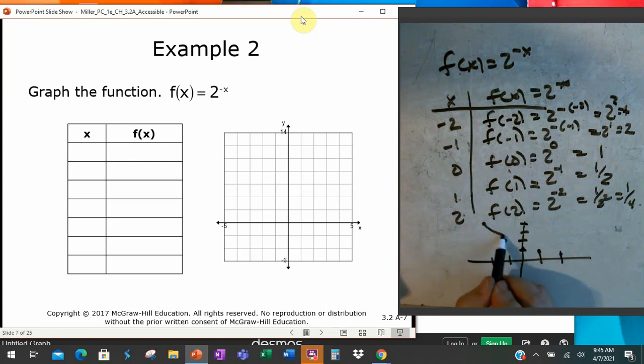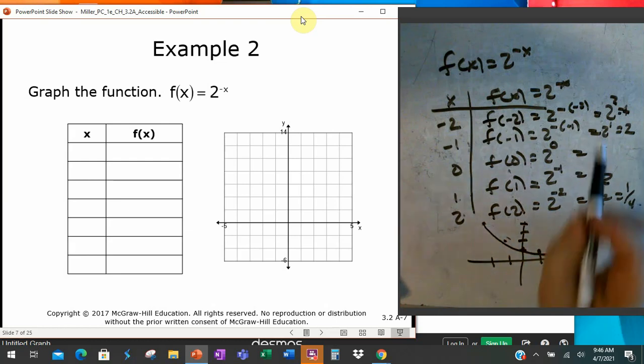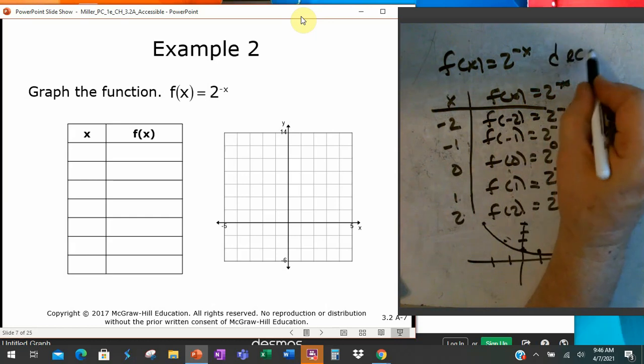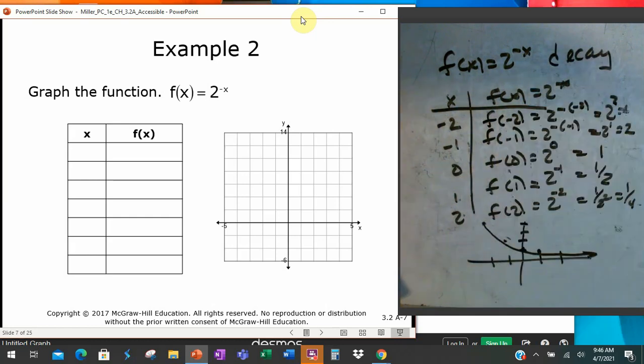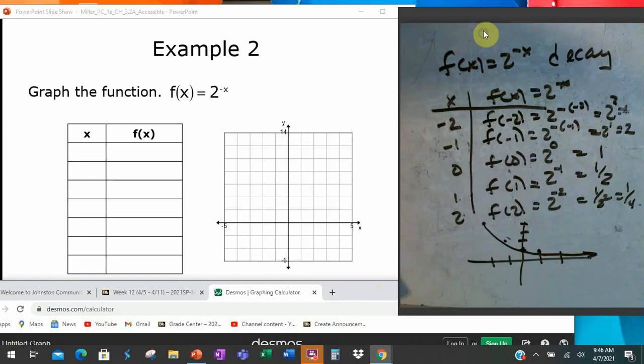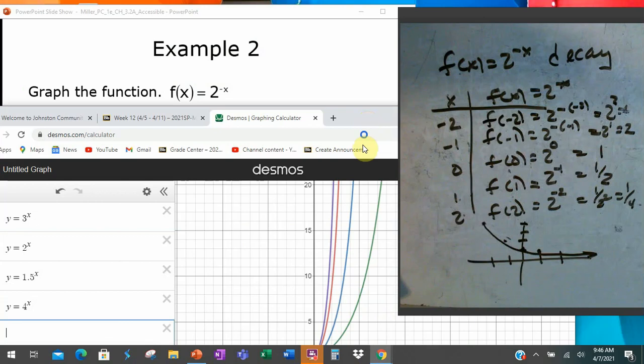So this thing is really going through. Oh, let me look at the actual graph here. It's here, here, here. This thing is going to go like this and decay. This negative exponent is a decay. The other one I told you was exponential growth. This is decay. And let me go back over here to Desmos, and let's put this back in.